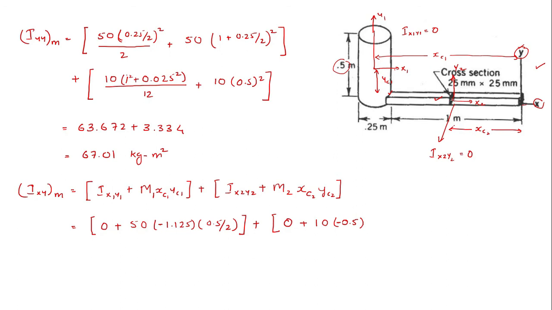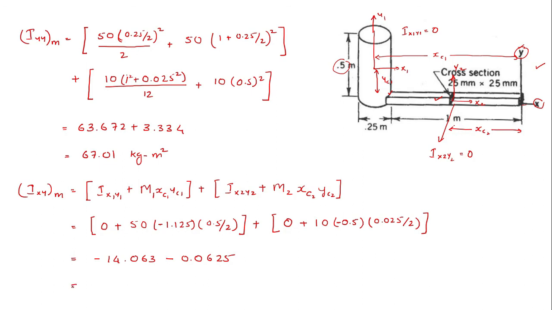So as such the distance between these two, since this is a 25 mm rod, will be half of this, so 0.025 divided by 2. So this will be equal to minus 14.063 minus 0.0625.